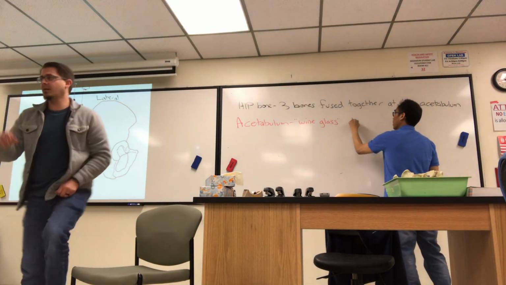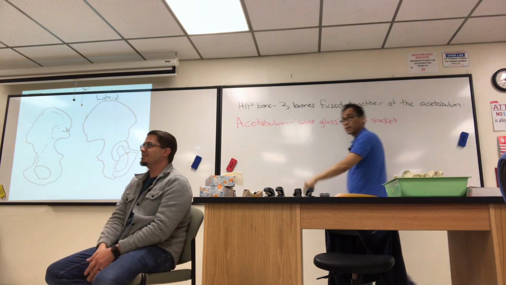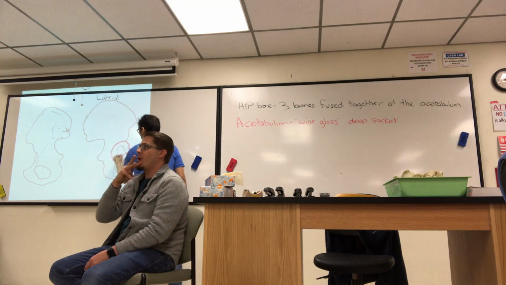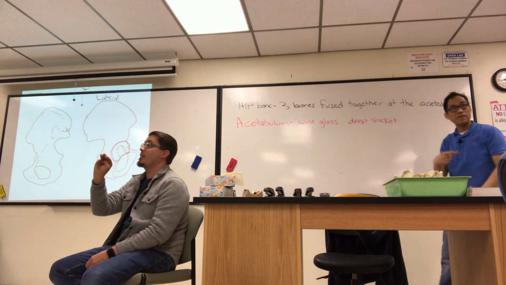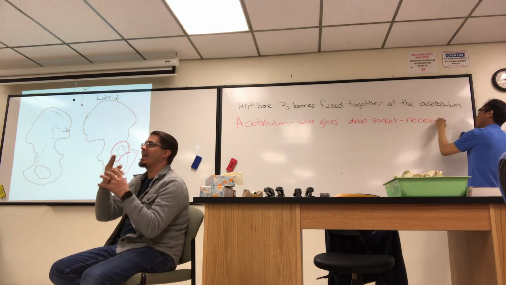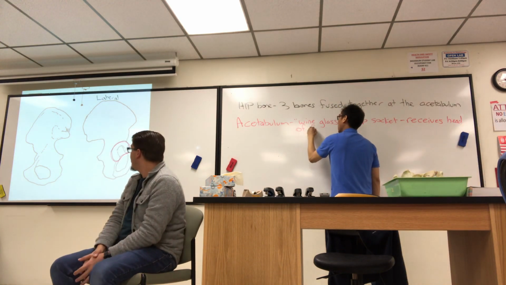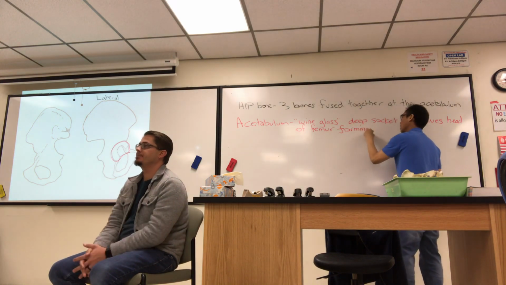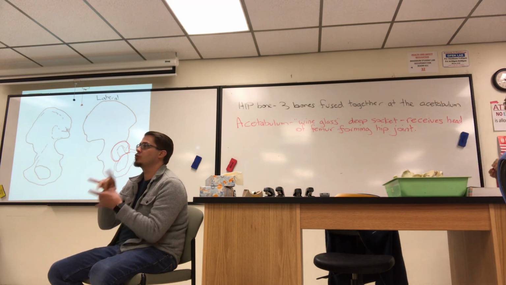It's right here. You can see it laterally. What that deep socket does is receive the head of the femur, forming the hip joint. So know the acetabulum.